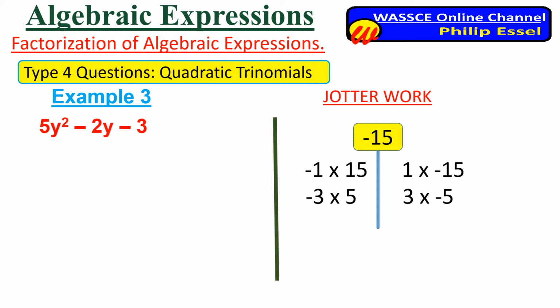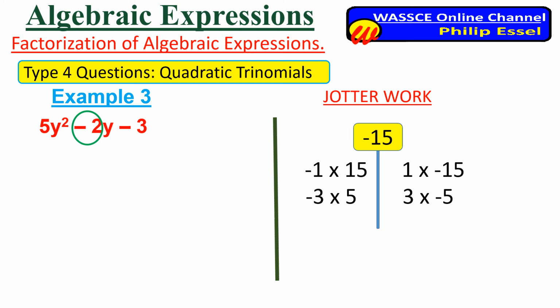Now, this time, the coefficient of our y, the variable, is -2. So the question we should be asking ourselves is this: which of these pairs do we have to add together to get the -2? So go through the pairs.